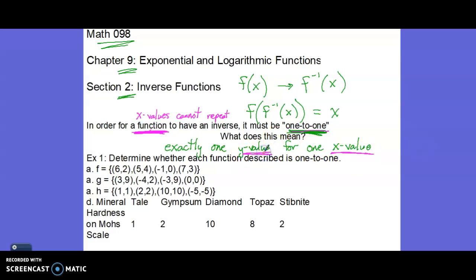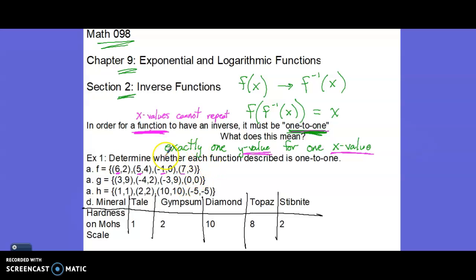So as we look at some of these problems, we have f, g, h, and we have this table which I poorly wrote down. The table is supposed to look like this. So in the past we've done problems where we've said only the x values cannot repeat, which is the case for this first one.